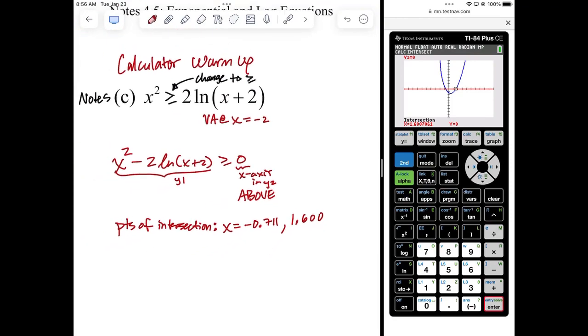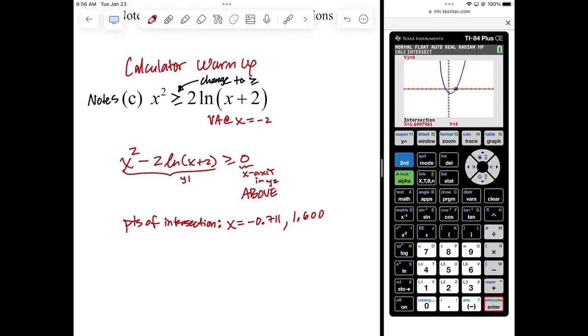So now how do I use those x-intercepts to answer the question? I want to know where it's greater than 0. That's above the x-axis. So I know it's going to be for all values of x that are greater than 1.600. Would you agree? But can I just say it's also for all x less than -0.711? Everywhere to the left? No. The graph on the right continues to go up as it goes out to the right forever and ever and ever.